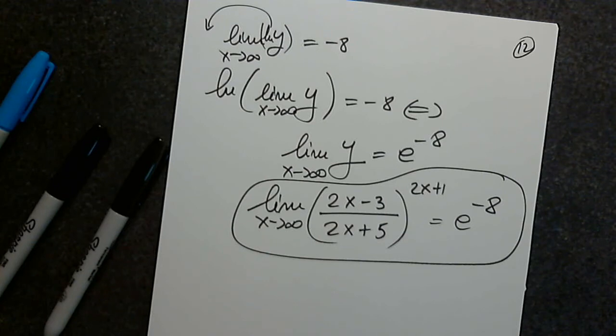In Calc 2, you're going to learn other techniques of integration, like integration by parts and trigonometric substitution. You're going to learn about improper integrals. There are 2 different types of improper integrals. You're going to learn about applications with finding volumes and areas between curves this time.